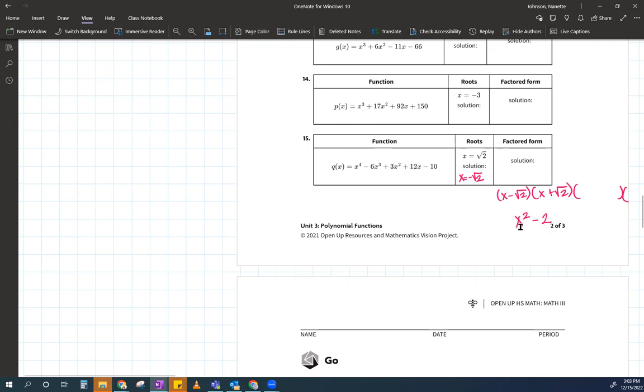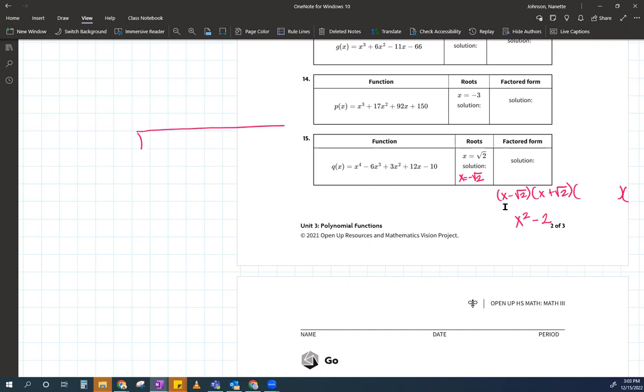Okay, so the next thing I'm going to do is divide this by this, and that'll make my work so much easier. You literally could divide by x minus root 2, but just think about all of the roots and the multiplying you're saving yourself from.